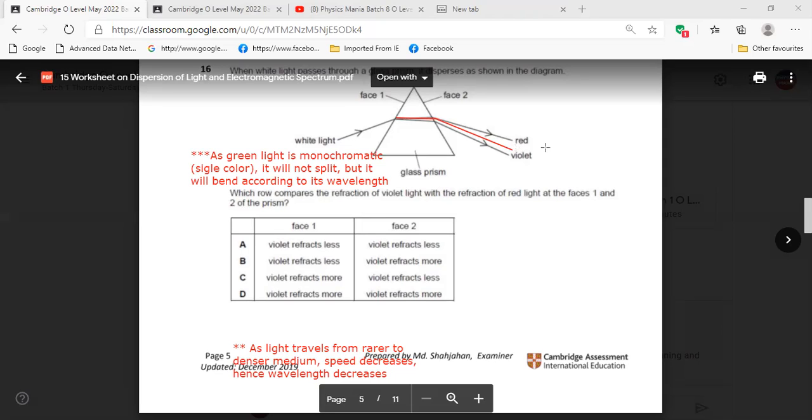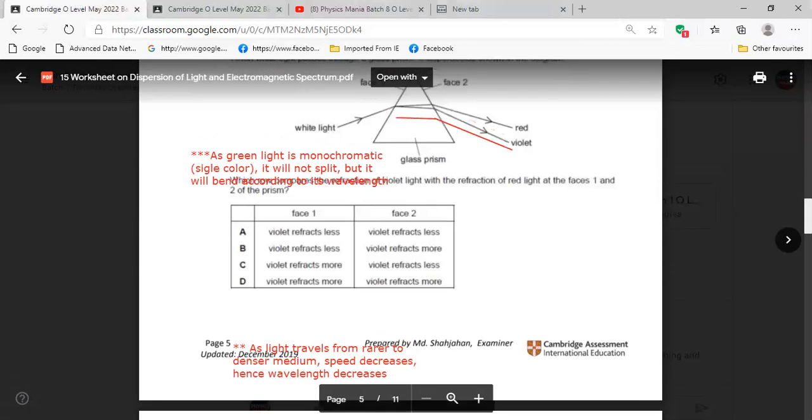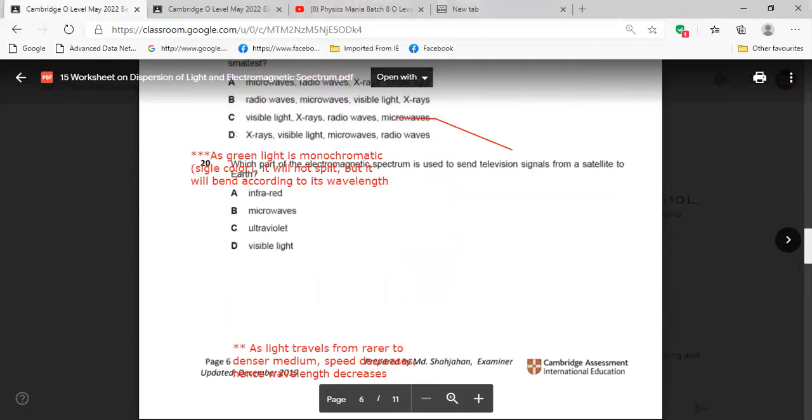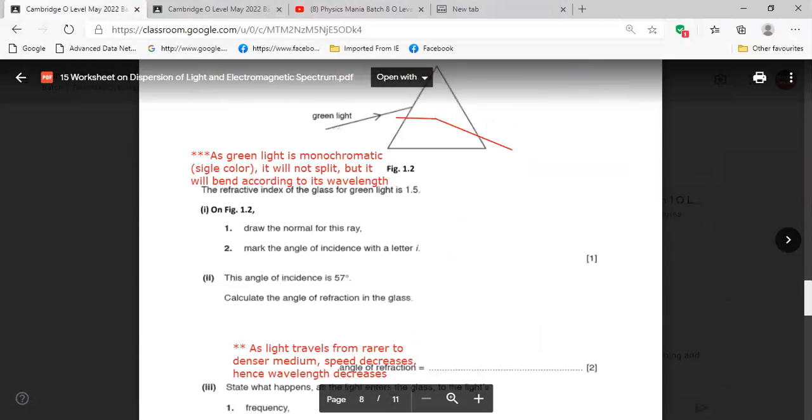It will bend in between, right? The green color. So in your diagram, you have to show that also. Here we have the diagram, you see.